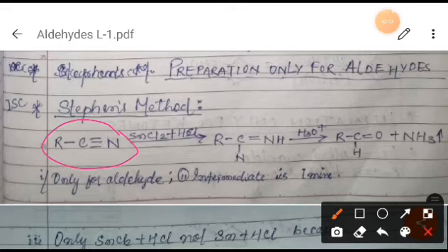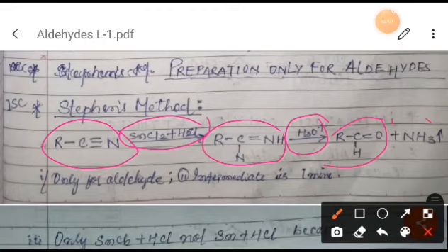In the presence of SnCl2 and HCl, it will first give an intermediate, this one, which is further hydrolyzed to give aldehyde, and NH3 will come out from the reaction. NH3 is called the parrot of chemistry; it will run away from the reaction.